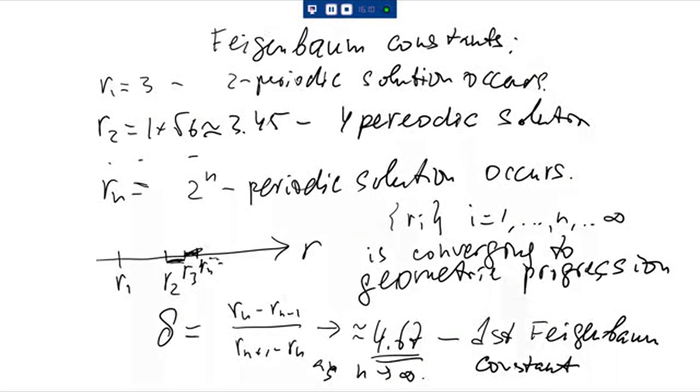And using this Feigenbaum constant, we can estimate when we will have an infinite periodic solution.